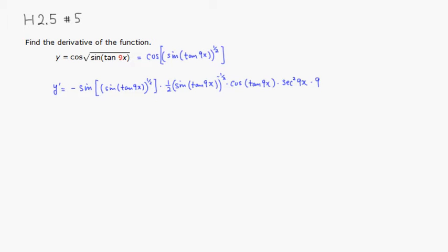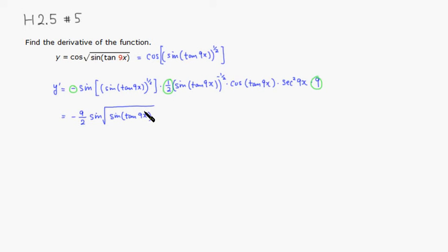Actually, I'm going to do a little more simplification so the typing is simpler. You have a negative sign here, a 1/2 there, and a 9, so I'm going to combine those into negative 9 over 2. This is just a sine, and I'm going to go back to square root: square root of sine of tangent of 9x.